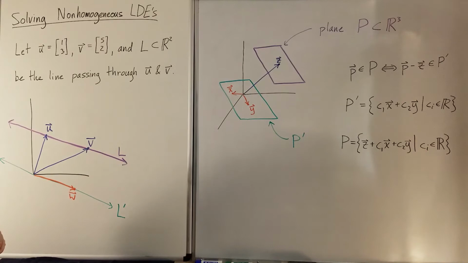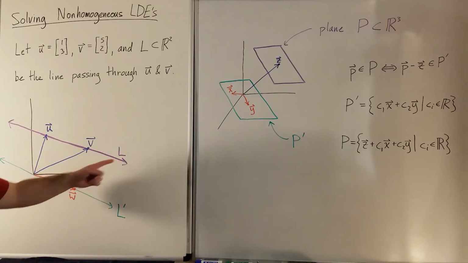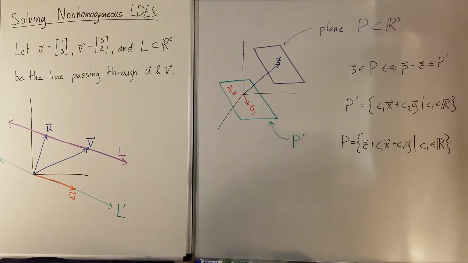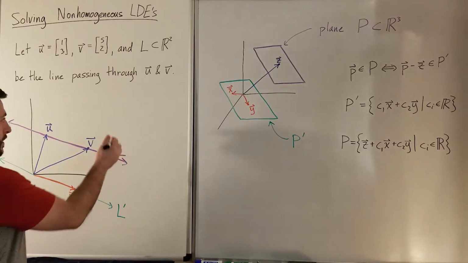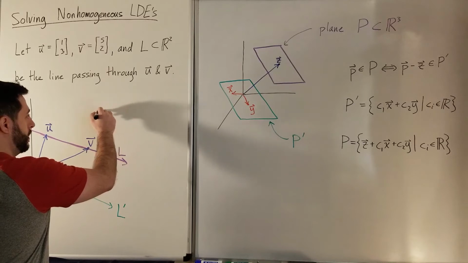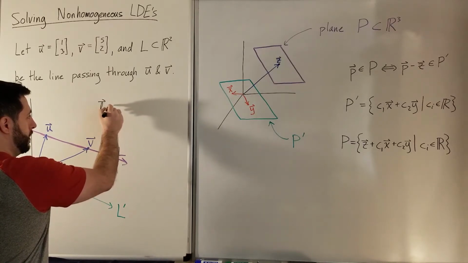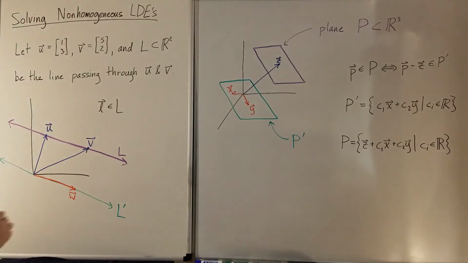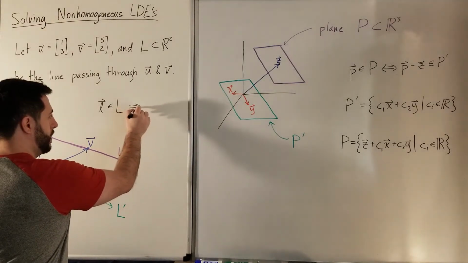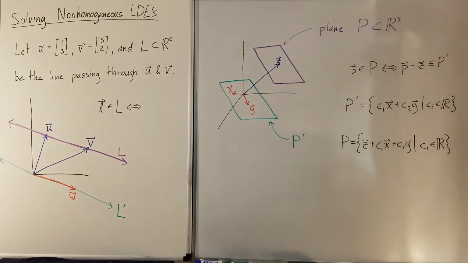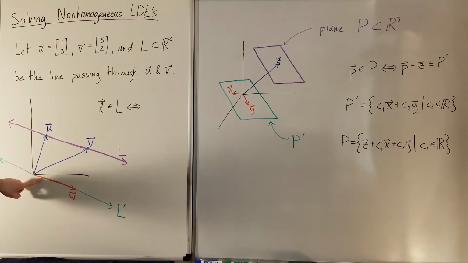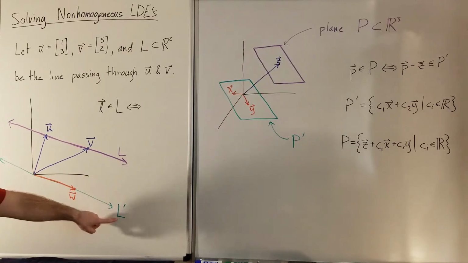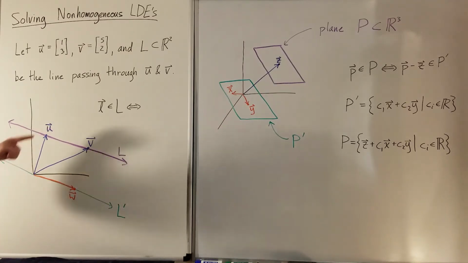And there is a nice relationship between vectors in L and vectors in L prime. And so that relationship looks something like this. A vector l is on the line L exactly if, when we take it and then shift down here, we get to something on the line L prime. Okay, so how do we shift down?